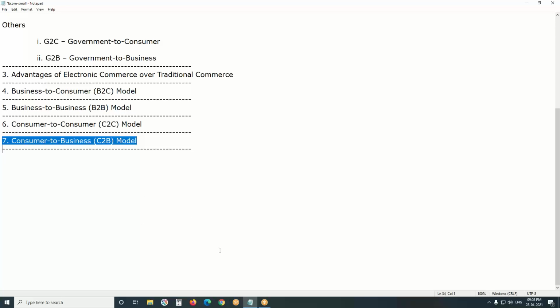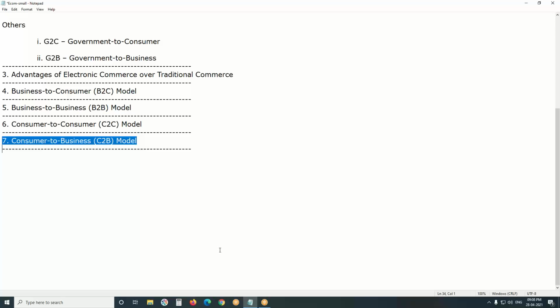The C2B model allows businesses to receive value from consumers. Consumers are able to provide a service to a business to augment their existing business through a reverse auction system.